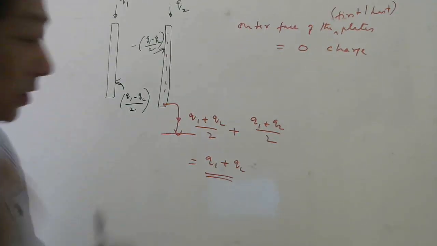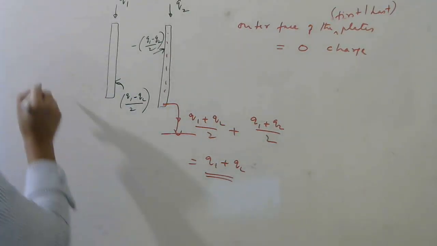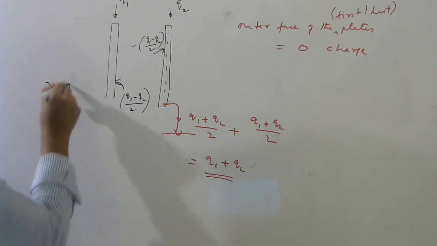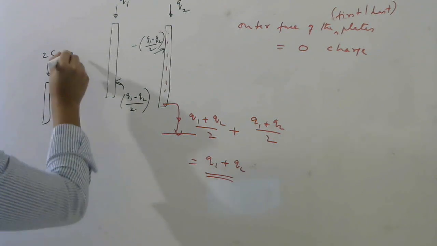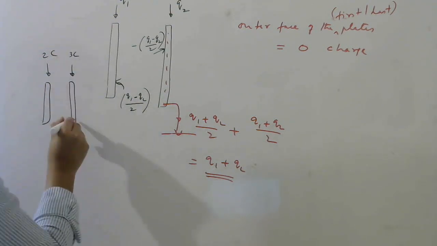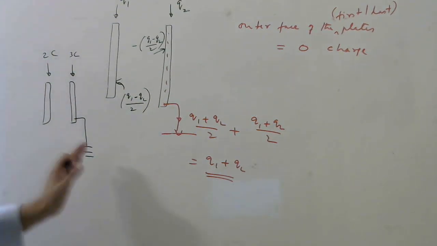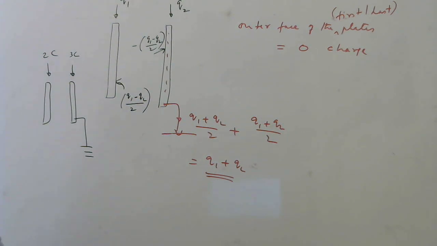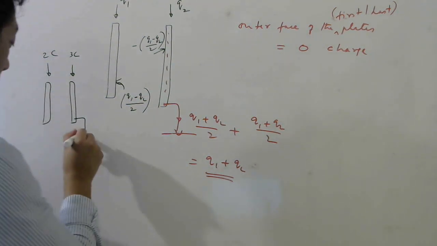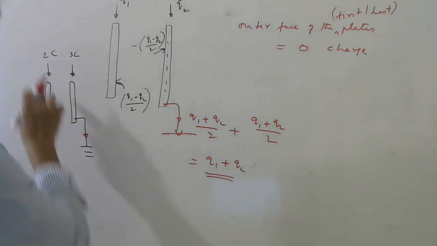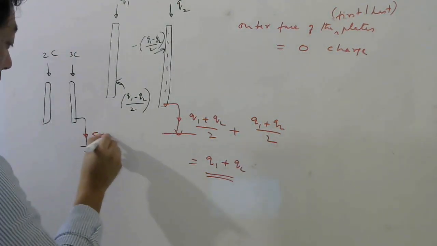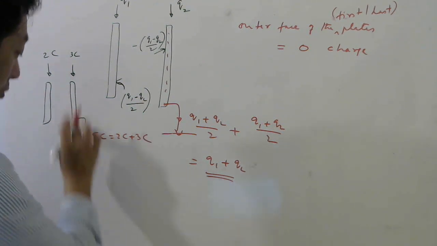Okay, finally let me give you one example of this. Suppose you have two large plates, and I give this one charge 2 coulomb, and this one charge, let's say, 3 coulomb. When I connect any plate to ground, this plate or that plate, it doesn't matter, how much charge flows to the ground? I told you the total charge given to the system should flow to the ground. So 2 coulomb plus 3 coulomb, 5 coulomb has to go to the ground.